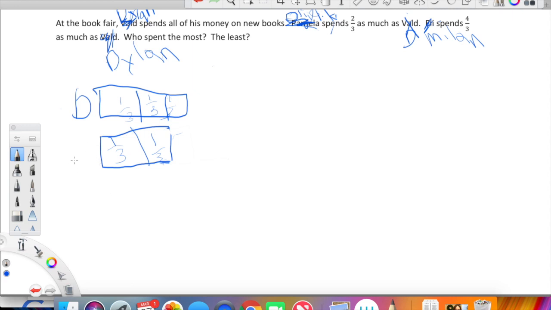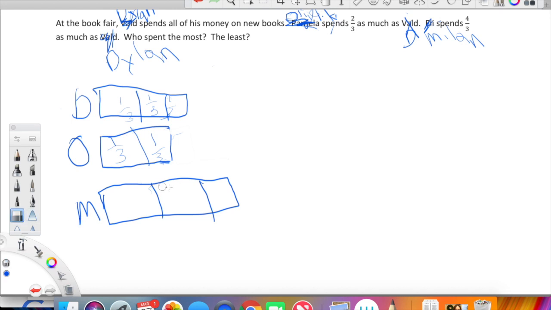And this is Olivia. So I'm putting an O. And then here's where I come in. Millen. So I'm going to put N for short. Now, this is 4/3 as much as Dylan. Crazy, right? 4/3 as much. That means I spent a lot of money. Yeah, I love spending my money.